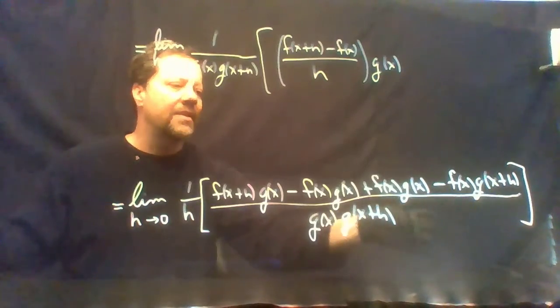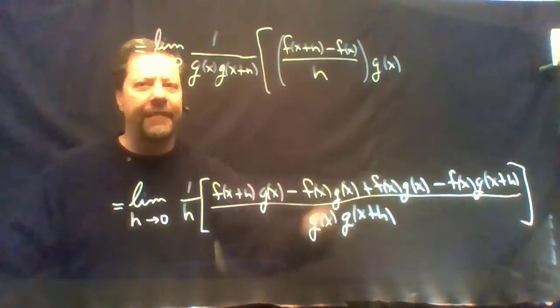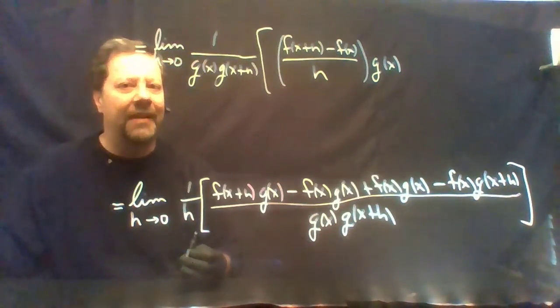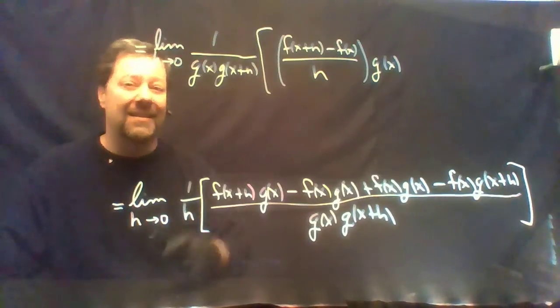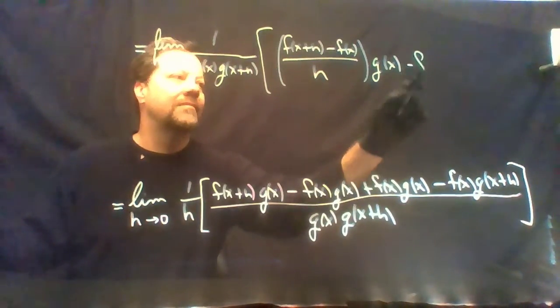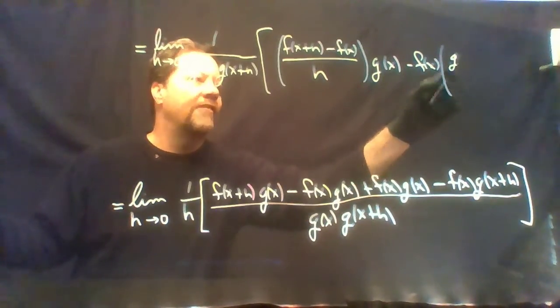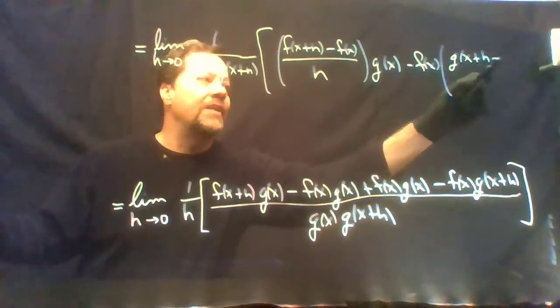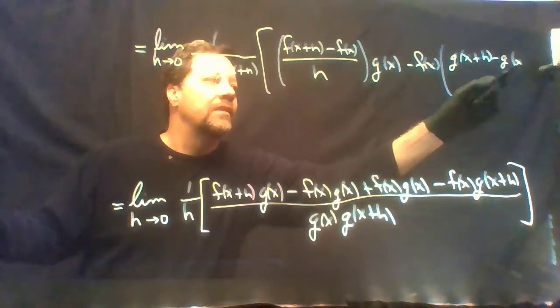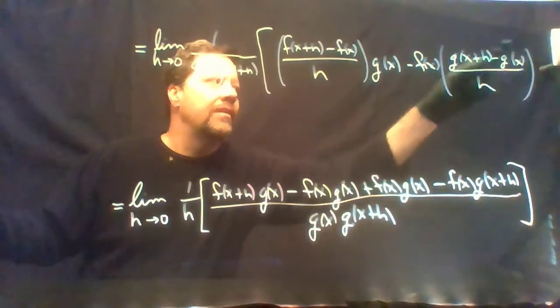On the second two terms, we have a common factor of f of x, but I'm not going to factor f of x out. I'm going to factor minus f of x out. That'll switch the order and give me g of x plus h minus g of x over h.